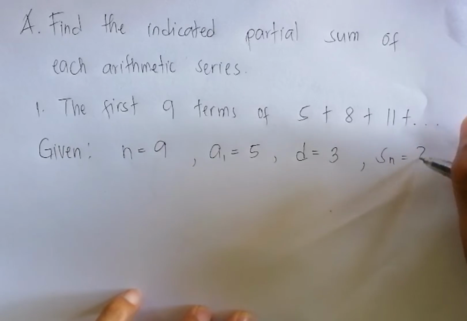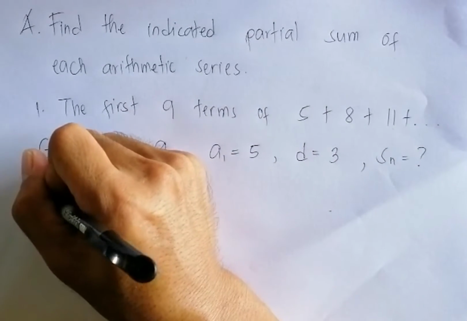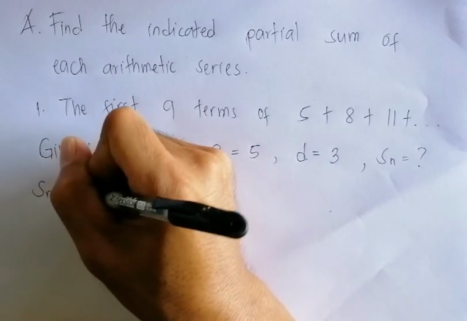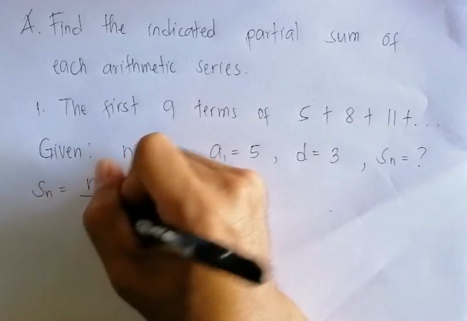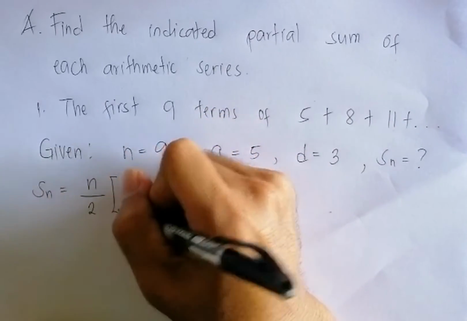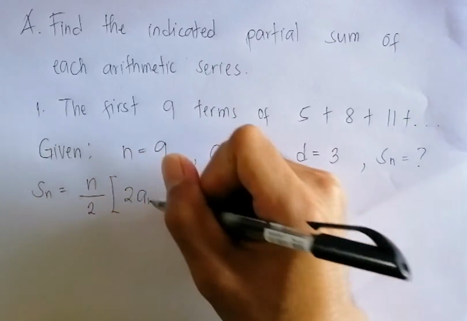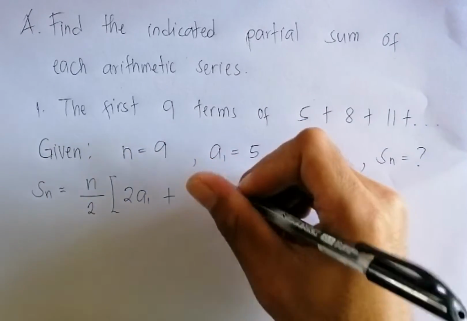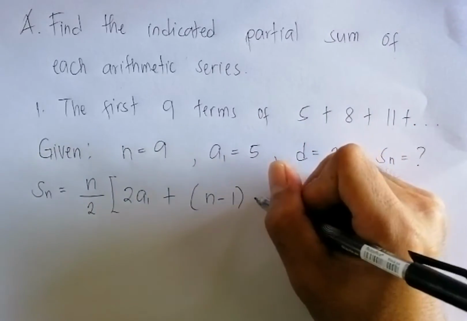So S sub n is unknown. And the formula is S sub n is equal to n over 2 times the quantity 2 times the first term plus the quantity of n minus 1 times the common difference.